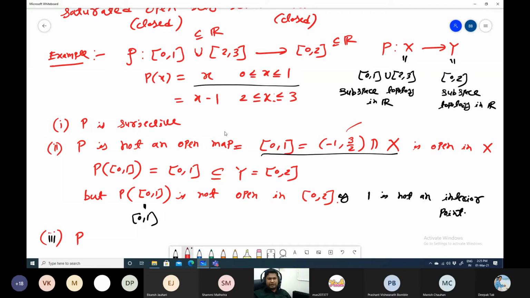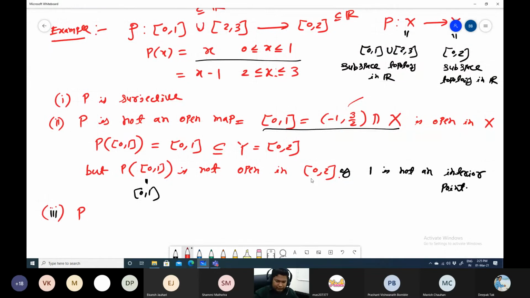If you take any closed set, what are the possibilities? Either it will be a closed interval, or it can be infinite as well with the limit points. But anyway, the limit points will be contained in either this one or this one. In any case, it will be almost the same sets, or if it goes by this map, then it is just a translation. So therefore it is also closed. So therefore P is closed.